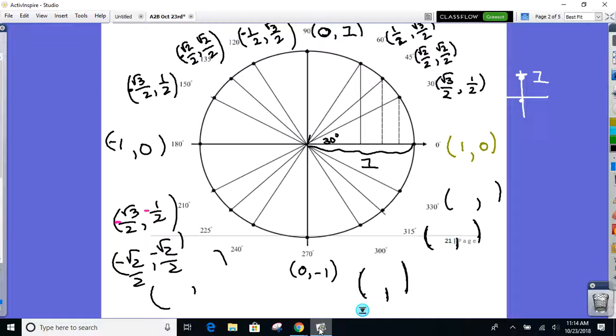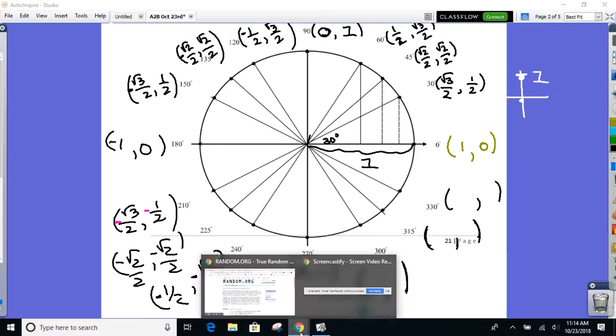What did we label as 60? Radical 3 over 2. What quadrant are we in? And what do I know about the x and the y in the third quadrant? Ready to move on to the fourth quadrant.